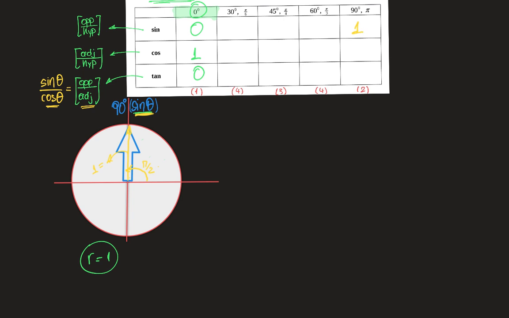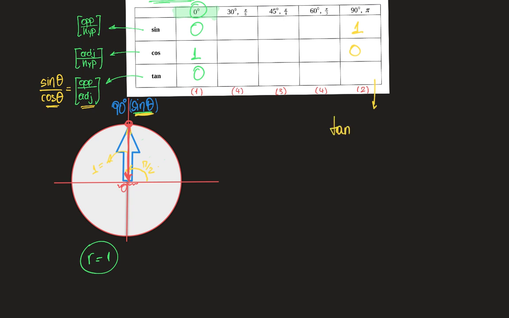Then we have the cosine, and if you see from that point here, the projection down just falls on 0, so we have no distance either side of 0. That means the cos 90 degrees is going to be equal to 0.